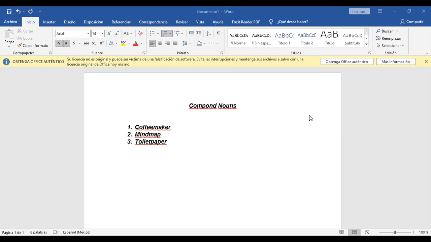Naima was providing us some examples such as coffee maker, my map, and toilet paper. If you notice, in coffee maker, we mix two words to make a single noun, okay? Do you have a question, Maciel, Tere?